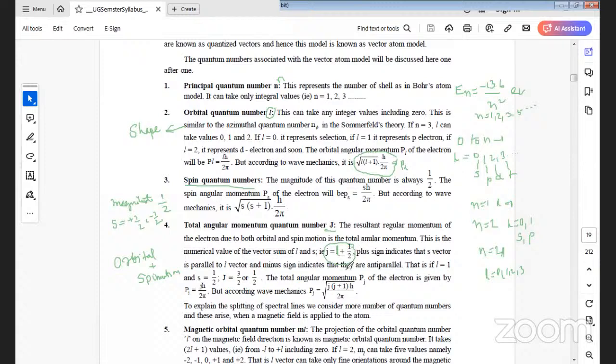And for this, the total angular momentum can be written as PJ, which equals root of J into J plus 1 times h by 2 pi, where h is Planck's constant.